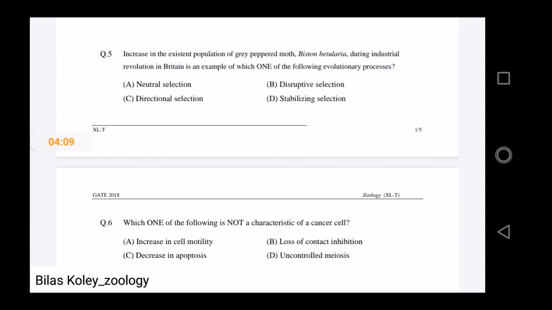The options are neutral selection, disruptive selection, directional selection, and stabilizing selection. In this question, the correct option is option C.